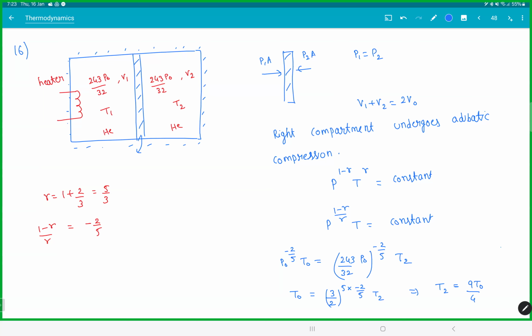There, I got T2. Now how to find T1 and how to find the heat? Think, I'll give you a minute more.